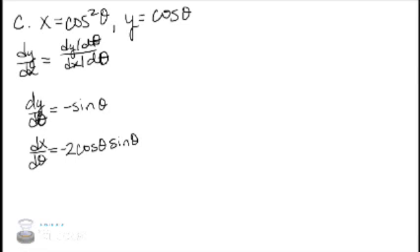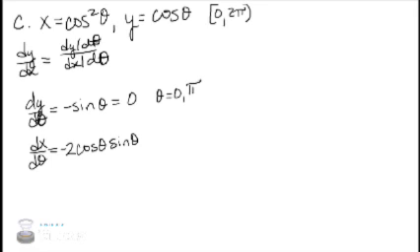All right, we need to know when each of these is going to be equal to 0. So first of all, when would we have negative sine theta equal to 0? That's when sine is 0. Again, we're going to restrict our conversation to angles between 0 and 2 pi, because after that it's going to repeat anyway. So we're going to have sine of theta equals 0 at the ends and the middle of the interval, so that would be when theta is 0 and pi.